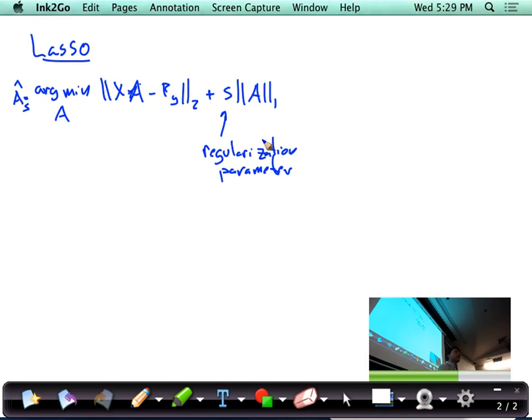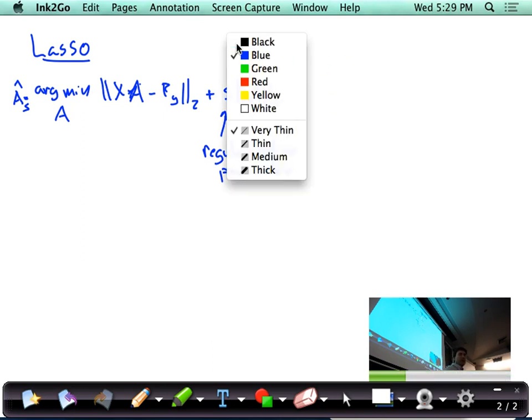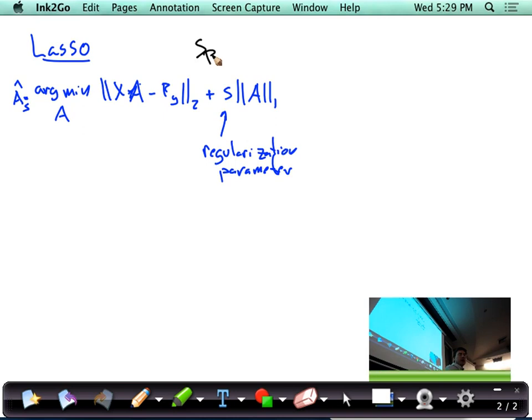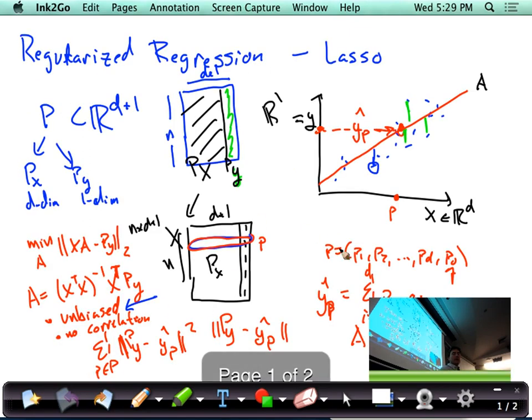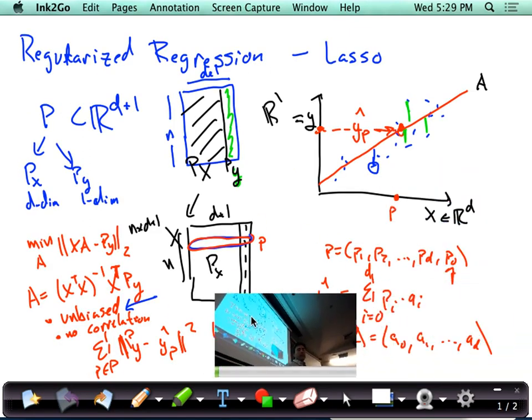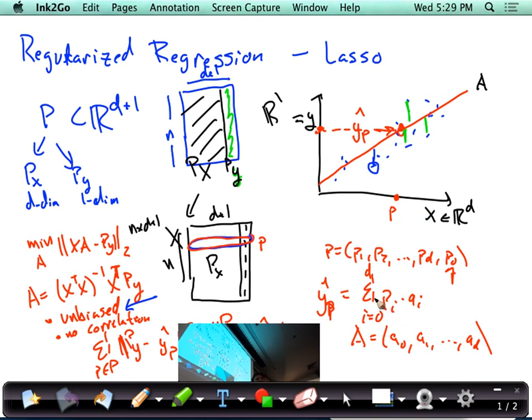Yeah, okay. So we talked about this on Monday. One of the main things is sparsity. So sparsity would mean that I'm solving for these values A, but if I go back to this expression here, it's the sum of all these terms of p_i times a_i.